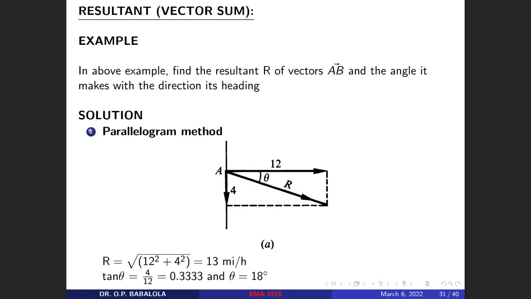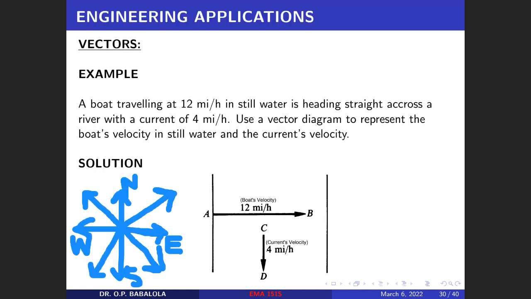So we basically use resultant to sum two vectors. When you have two vectors like we had here, we have vector AB, and we have another vector CD. We want to sum up these two vectors. How we sum the two vectors up is using resultant.